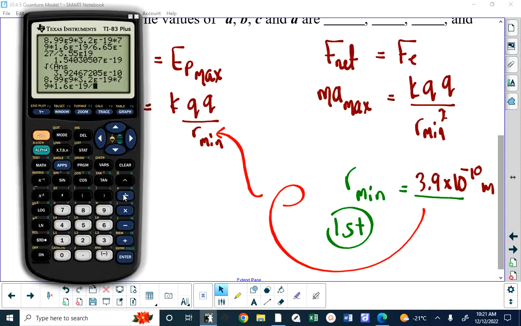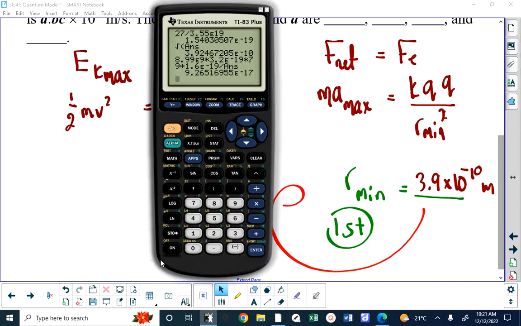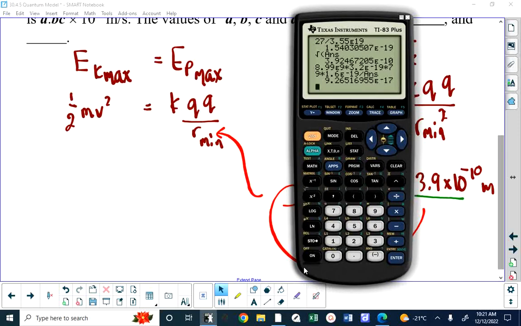I have to divide by my answer. I'm finding energy, so it's not r squared, it's just r. That's that formula you're given for all of these. So this is the energy, the potential energy that it has at the distance of closest approach, which means it's the kinetic energy that it has when it's moving as fast as possible. So I need to multiply that by 2, divide by the mass, and take the square root.